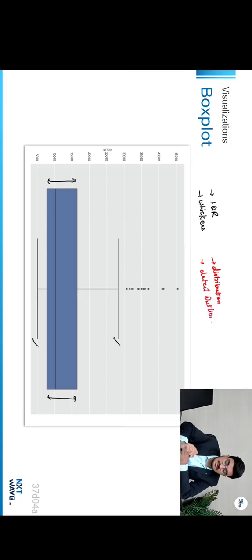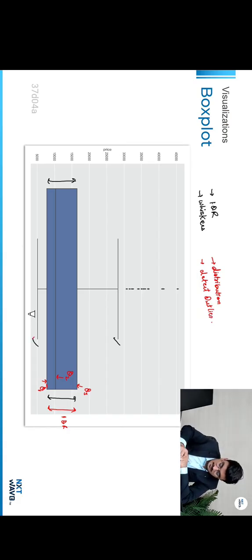Now, if you see in this box plot, this range represents our IQR, where the edge of this box represents Q1, this edge represents Q3, and the middle line represents Q2, which is our median.